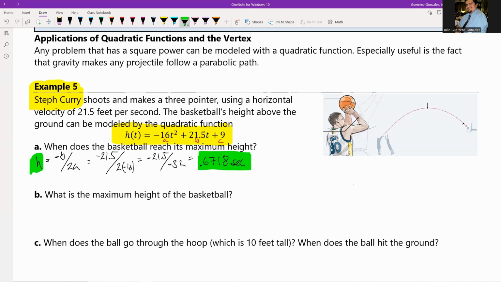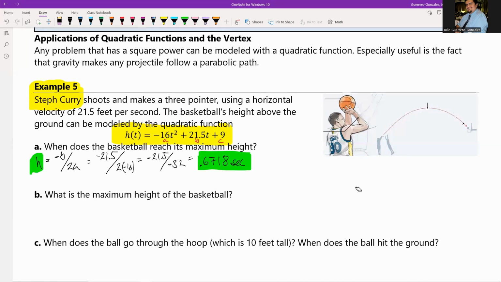Okay. So now, what is the height of the basketball, right? At its maximum. And for that, right, we already found h. We know that it's going to be a maximum in particular because my a is negative. So that means I have a maximum, right?